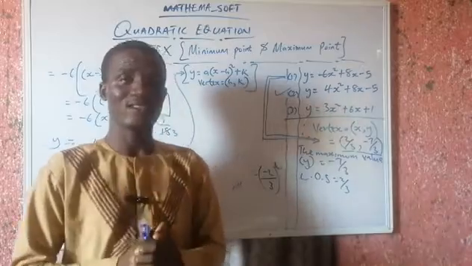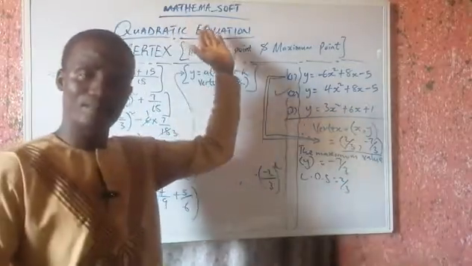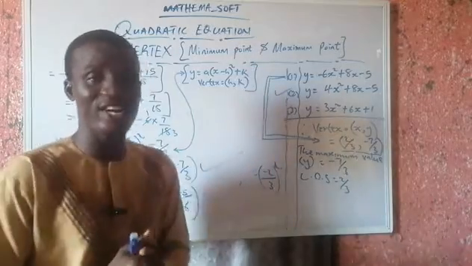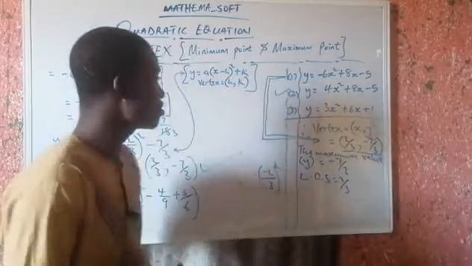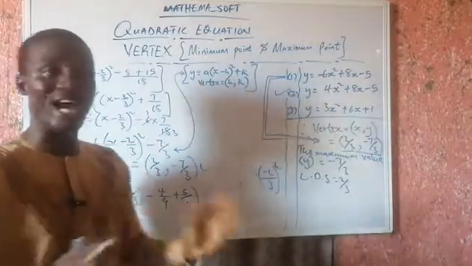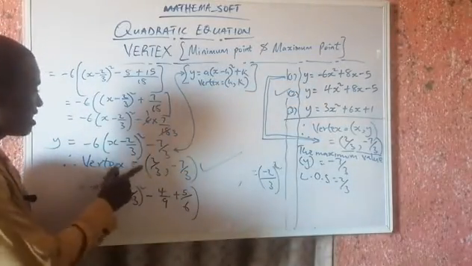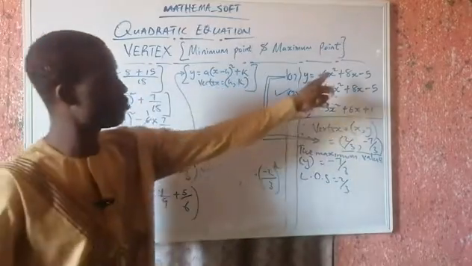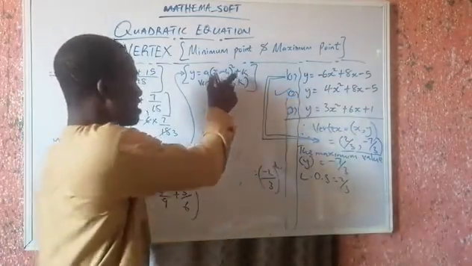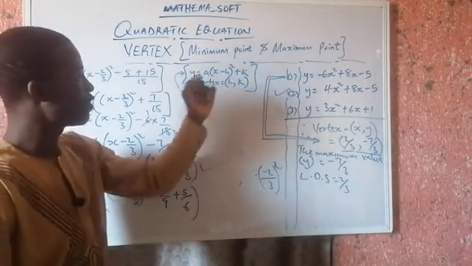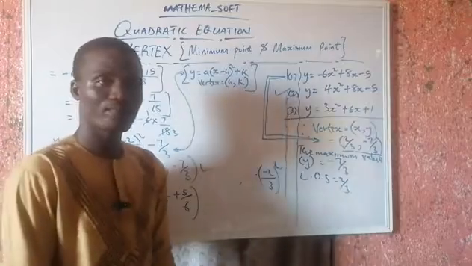And don't forget, don't just say, I prefer the previous method. The two methods are very, very important, because there are some situations that a quadratic equation will be given like this, and they will only ask you to write it in this form and only state out the value of your a, the value of your h, and the value of your k.